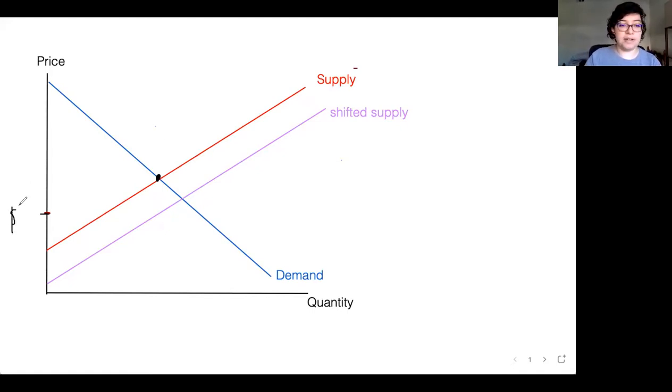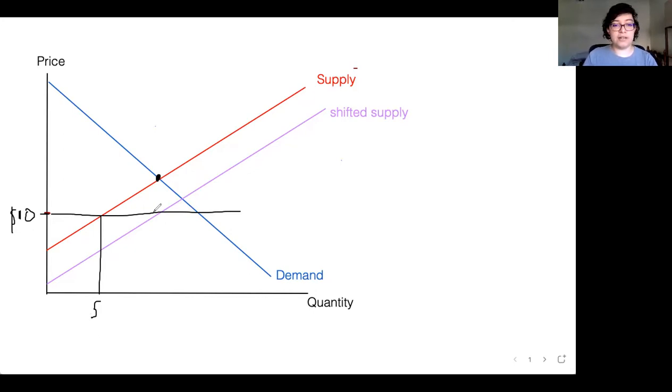Let's look at this price here and say that this price is about $10. If we draw a line across, the quantity supplied in our original supply curve at $10 is a quantity that we'll say is 5.